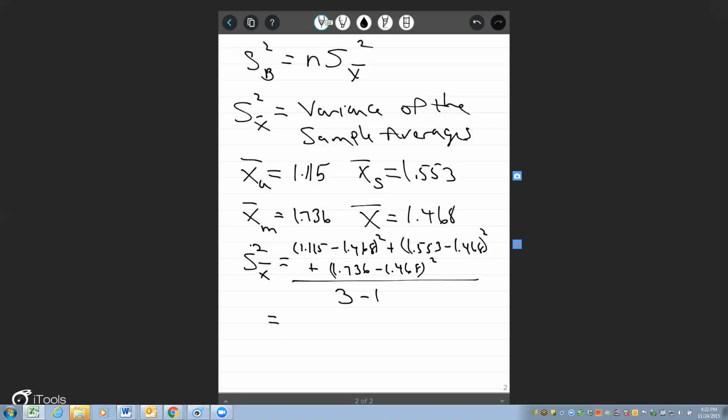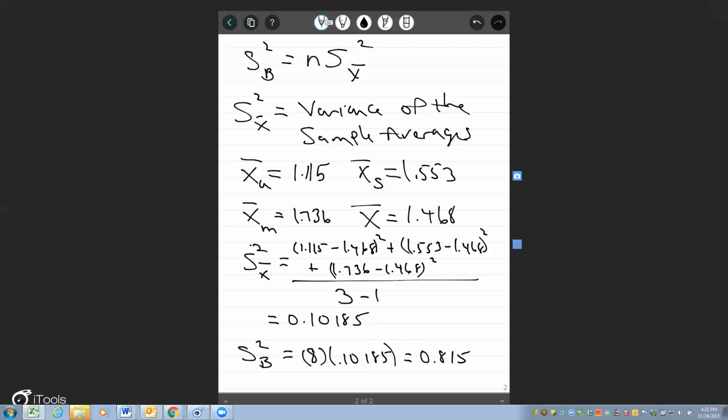And that will give me a value of 0.10185. So then S sub B squared is equal to the number of observations in each row, which is 8, times that 0.10185, which gives me 0.815 as my between variance.